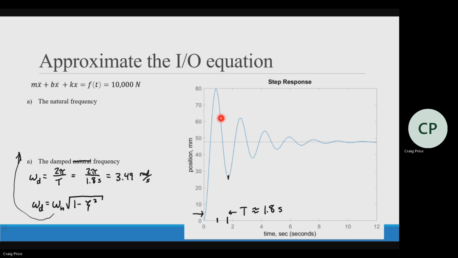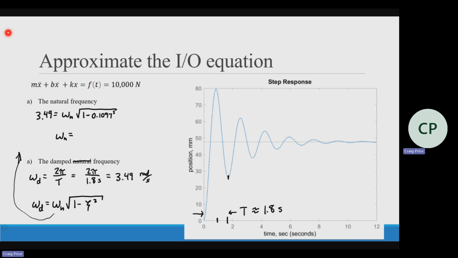So let's see, 3.49 is equal to natural frequency times square root of 1 minus, what was our damping ratio? Okay, so we can solve for that. We can figure out the natural frequency from there.